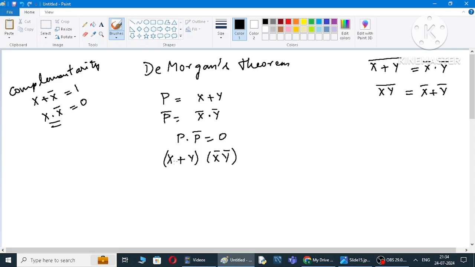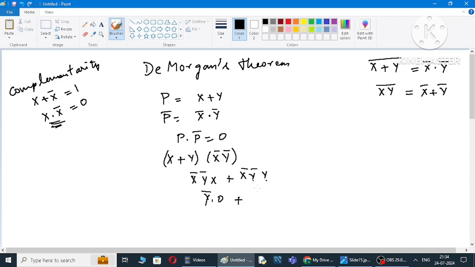Okay. Now you can cross multiply x bar y bar into x, plus x bar y bar into y. Now observe this carefully. You have x into x bar. What is x into x bar? It is 0. So y bar dot 0.